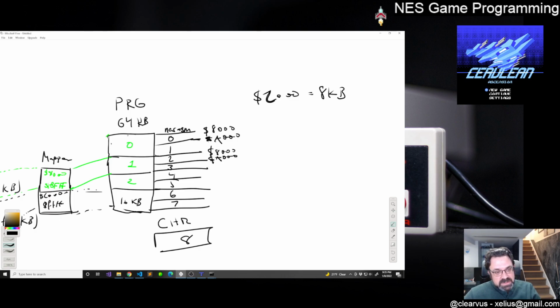Because this is one whole bank, but these are split into 2 banks by NESASM, and we'll demonstrate that in the code in a moment.